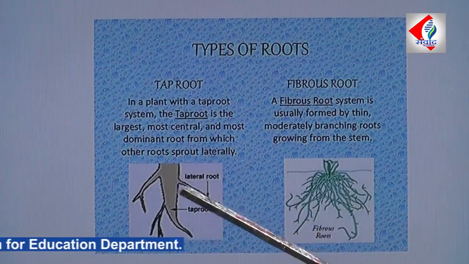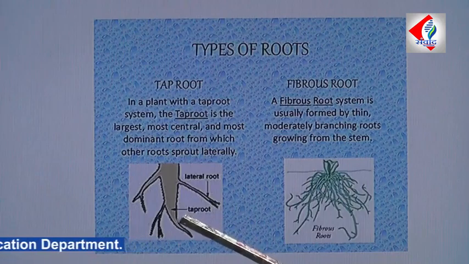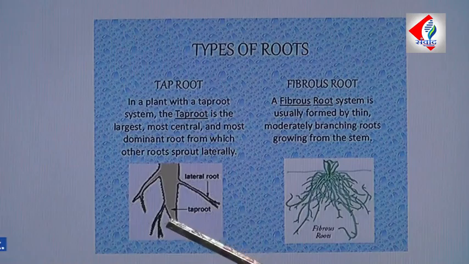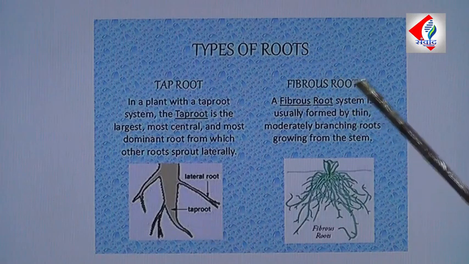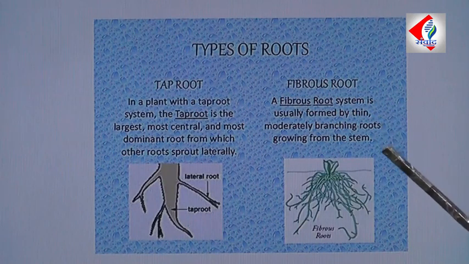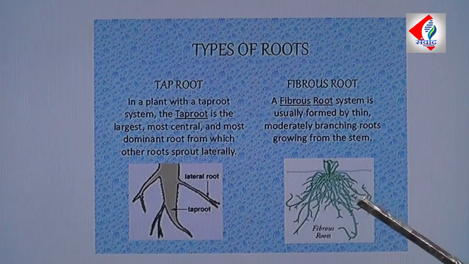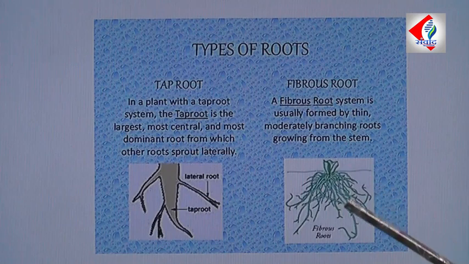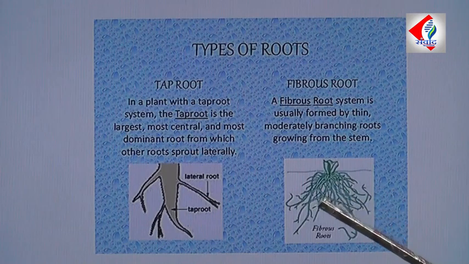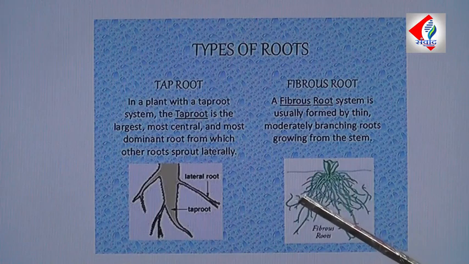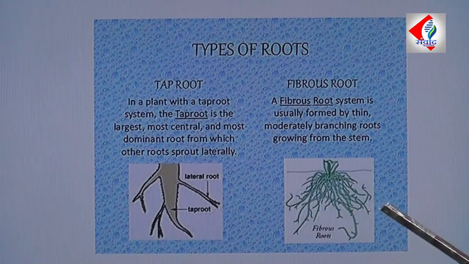So this is the central dominant root from which smaller lateral roots arise. And a fibrous root is one in which there is no primary root. There is no dominant root. All of them grow about the same size.